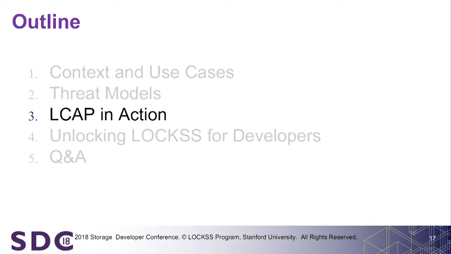So the LOCKSS technology started out as a very library-centric system. It was a single software stack that applied to libraries and that libraries would find palatable, that they would install on site and run on a commodity appliance, usually just commodity hardware with cheap hard drives. Each library that has this software installed is talking to all the other libraries, so that's what we call the global LOCKSS network.